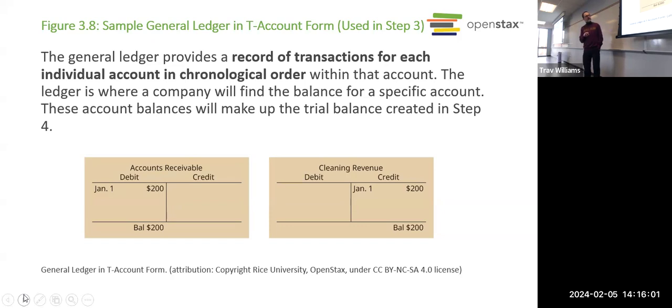Okay. It's accounts receivable and cleaning revenue. So what do you think happened in this transaction that would cause us to record into these 2 accounts specifically? Why would accounts receivable go up and cleaning revenue also go up?